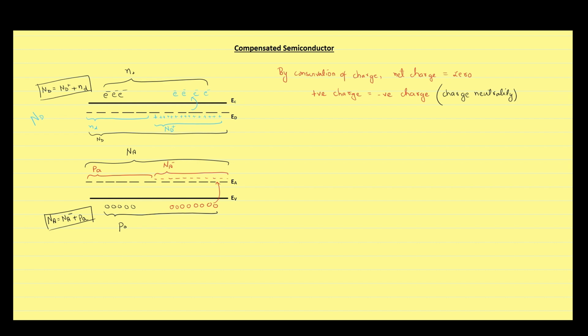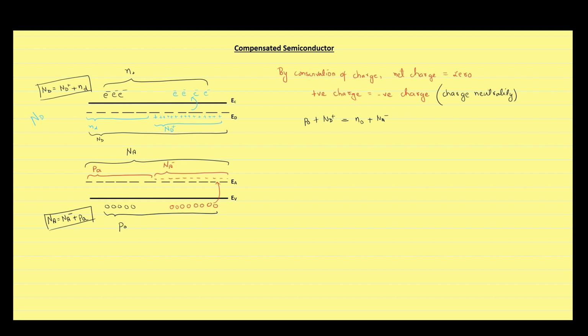Now for positive charge, we have P0, which is the concentration of holes in the valence band, and we have Nd+, which is the ionized donor impurity concentration. Similarly, for negative charge, we have N0 plus Na negative, which is the concentration of ionized acceptor impurity.